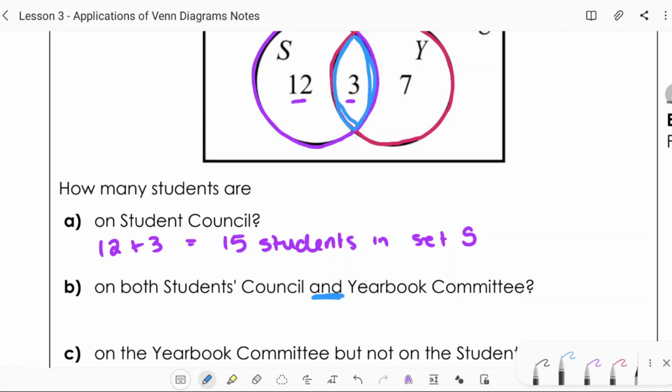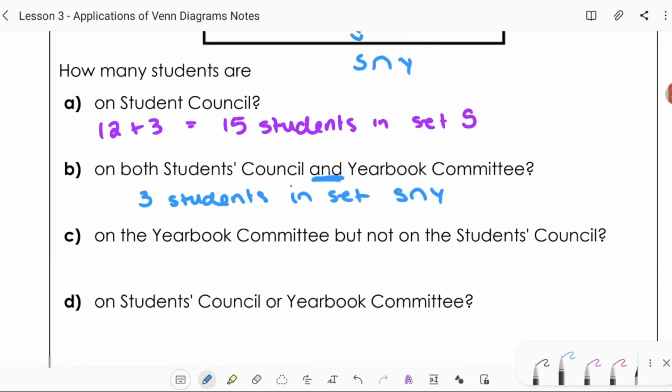This middle section here, this is S intersect Y. So I'm looking for the number of students in that section of my Venn diagram, and it looks like there's 3. So there's 3 students in set S intersect Y. That's the only place of overlap. That's what that and word means.